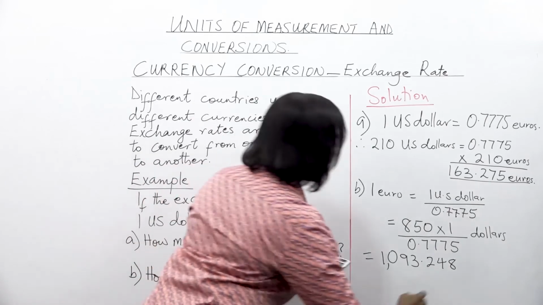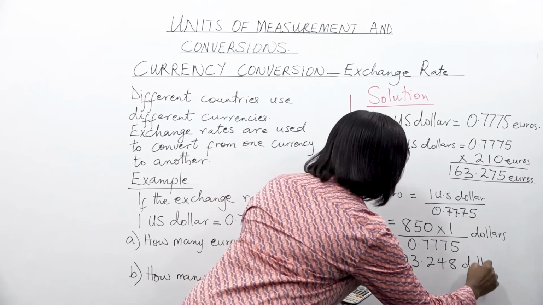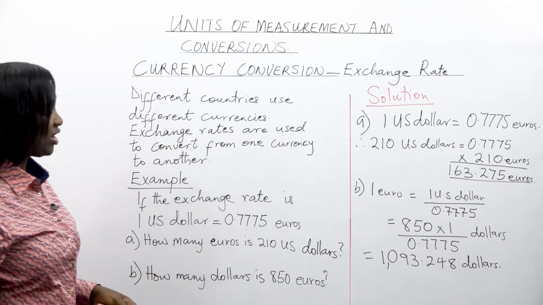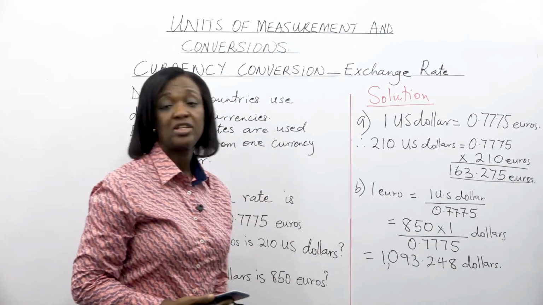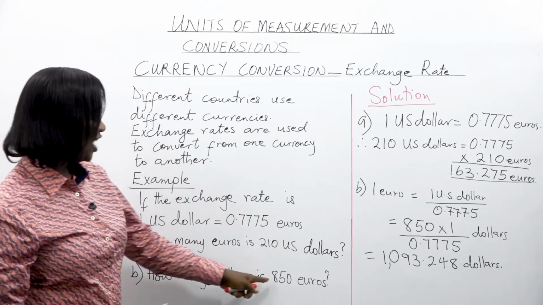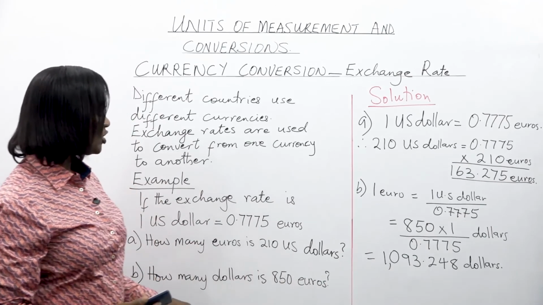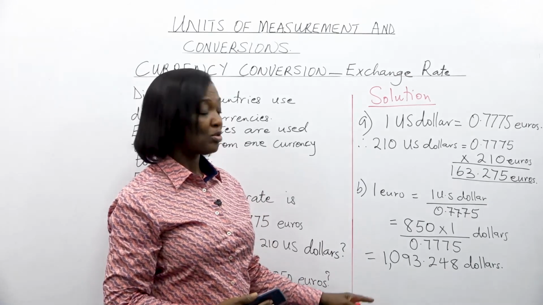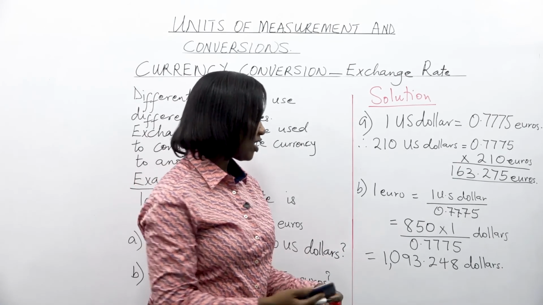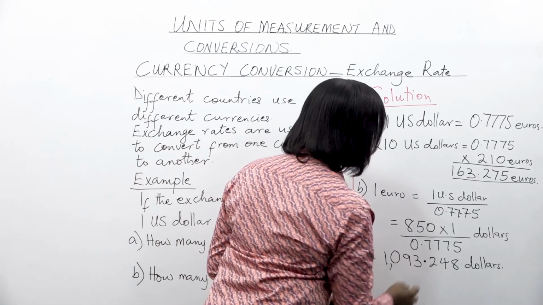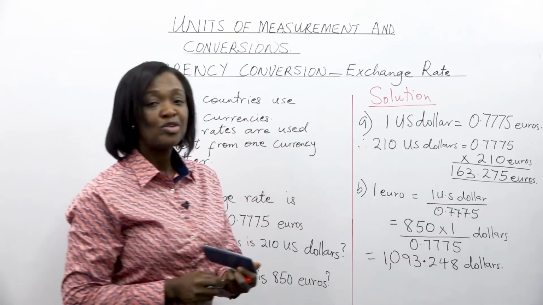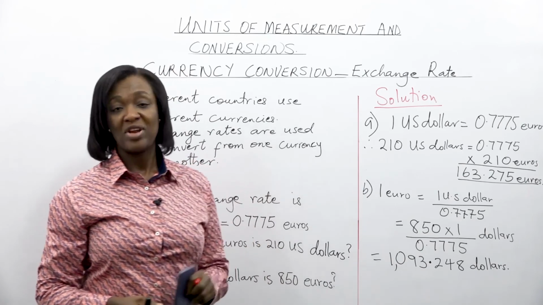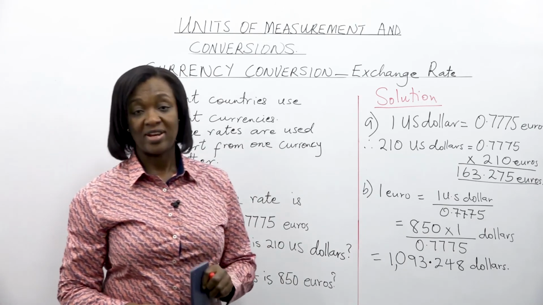So the answer is $1,093.248. So if you convert 850 euros using the given exchange rate, it will be equivalent to $1,093.248.